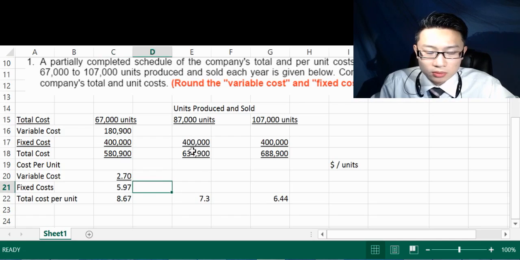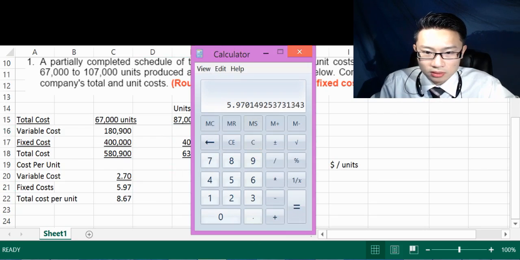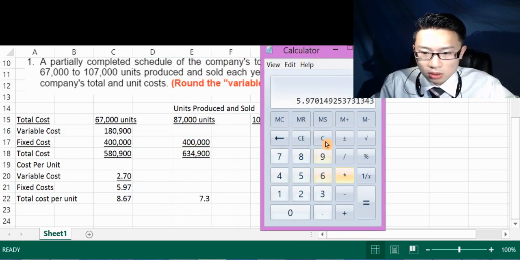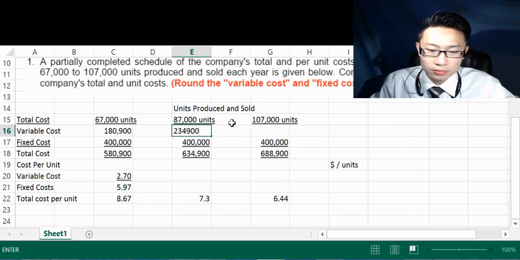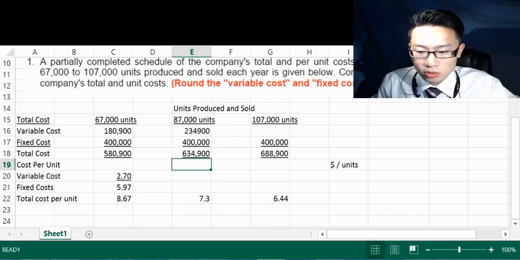Since we have the total cost and fixed cost, we can just go total cost minus fixed cost to get variable costs. I'll show you two ways to find that. The first way is 634,900 minus 400,000, which gives us 234,900. And here's a more logical way.